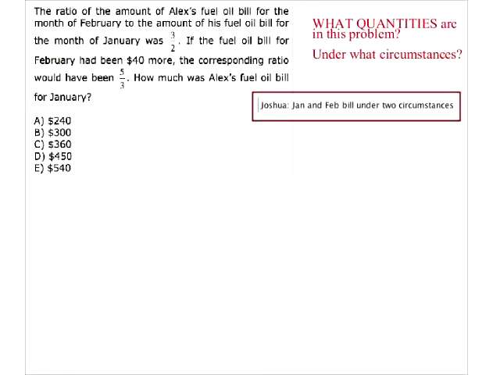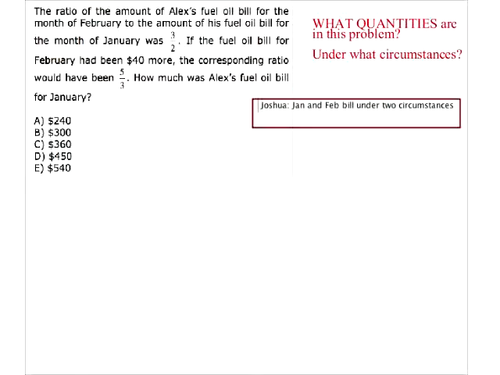Absolutely perfect. So, Miriam, well done. So nice teamwork there. Again, it's really important that you figure this out before you start working the problem, because otherwise you're just kind of groping around. So those are the quantities in the problem.